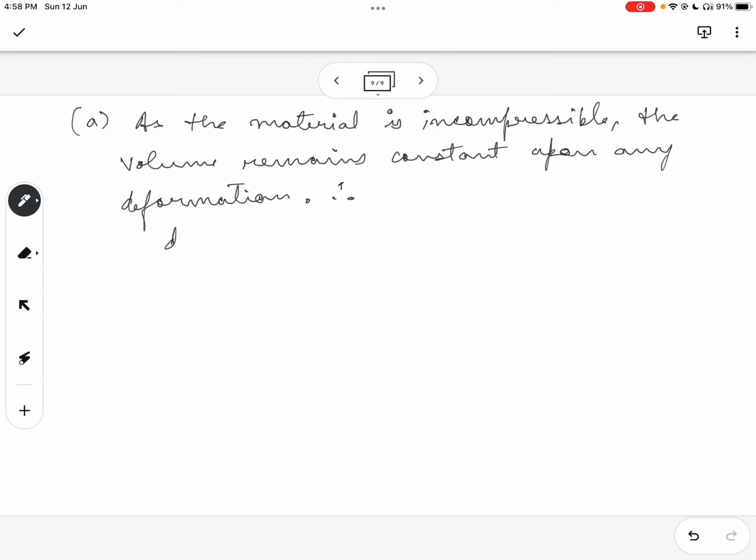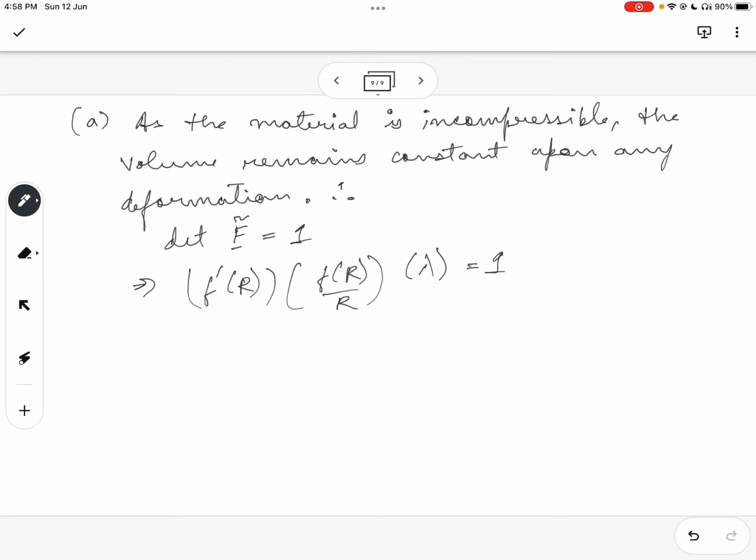Therefore, determinant of F tilde is equal to 1, which implies that f'(r) times f(r)/r times lambda is equal to 1, which means that f(r) f'(r) is r by lambda.